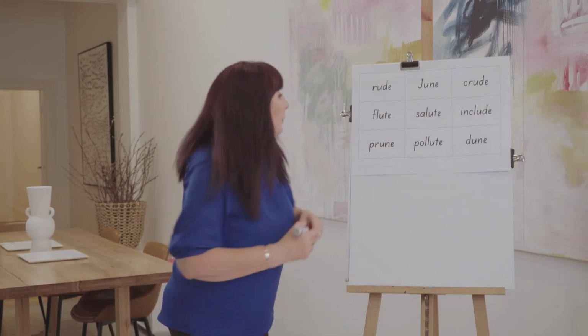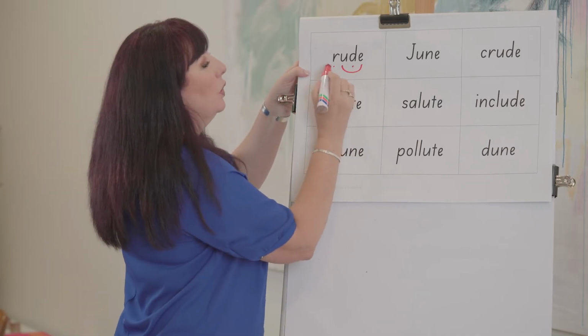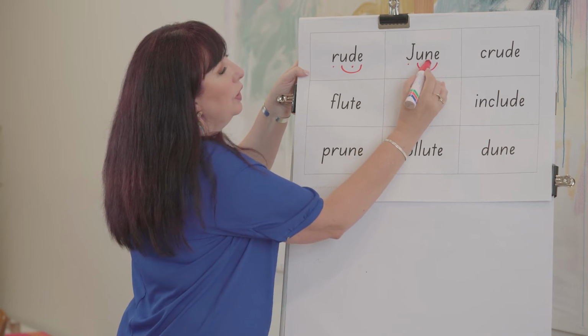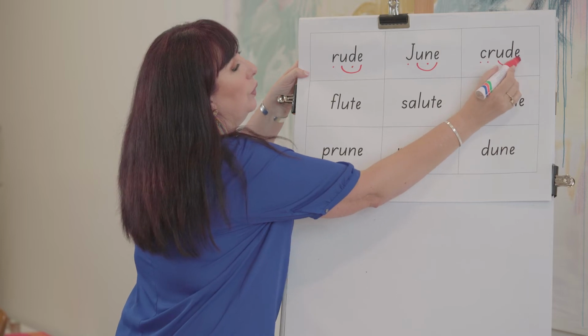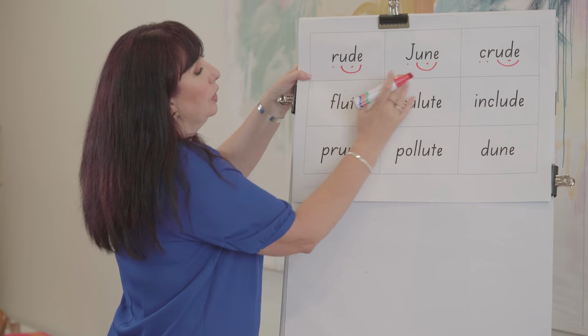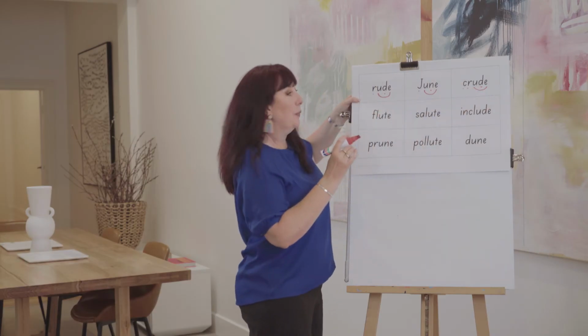Let's have a look together. Oo, d, rude. Ch, oon, June. K, oo, d, crude. Rude, June, crude. Good job.